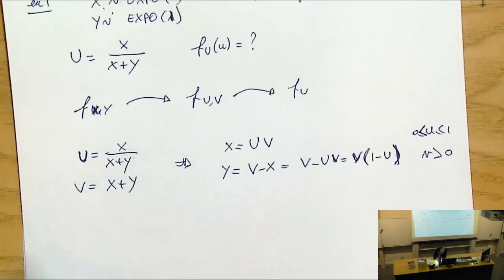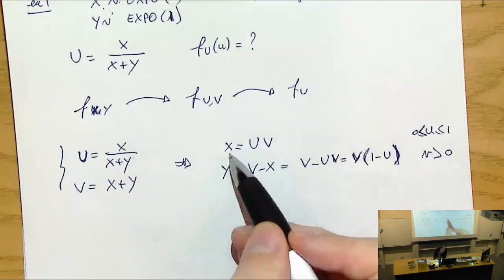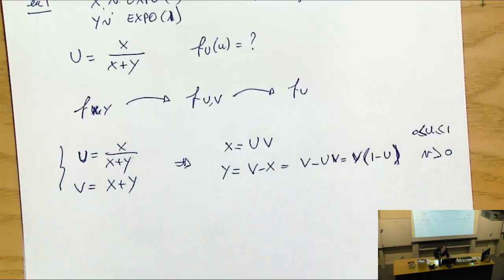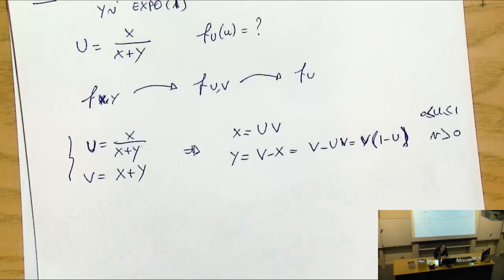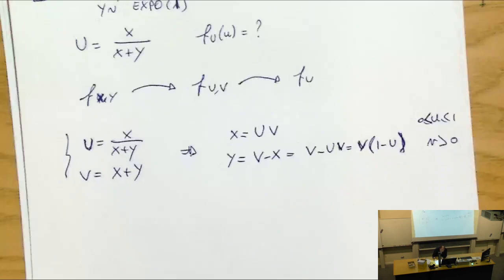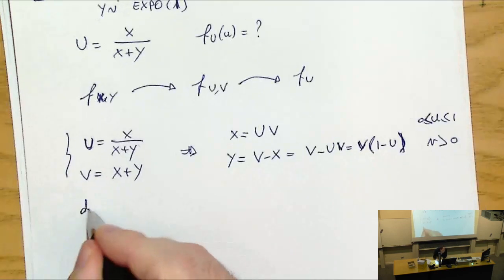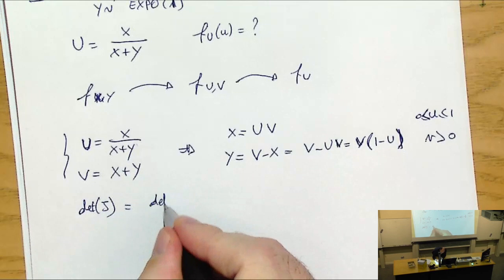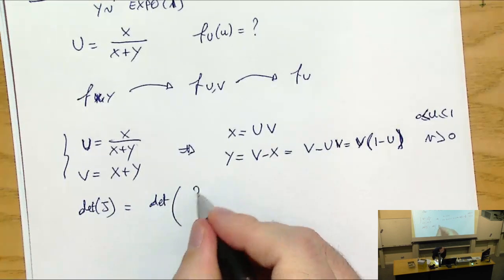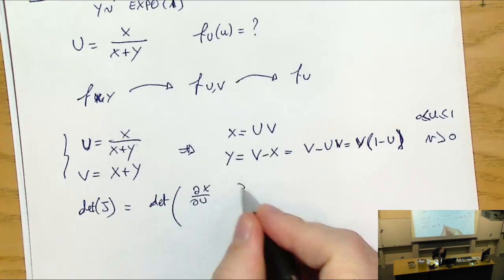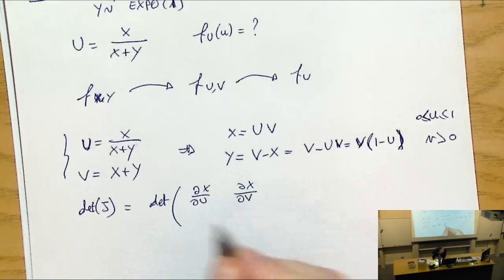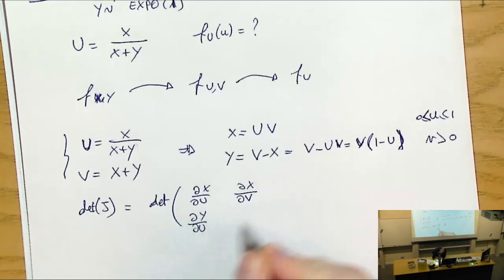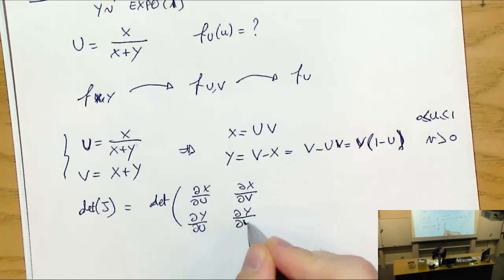Right, so you have this. What can we do now? You have two random variables x, y into two random variables u, v. So what we can do is compute the determinant of the Jacobian. And what is this? It is the determinant of dx/du, dx/dv, dy/du, dy/dv.